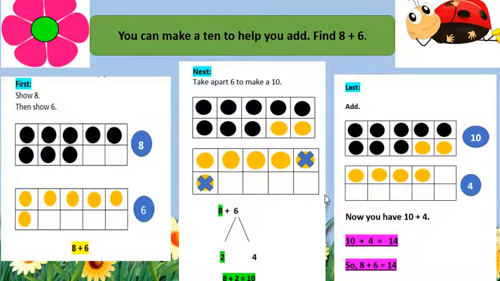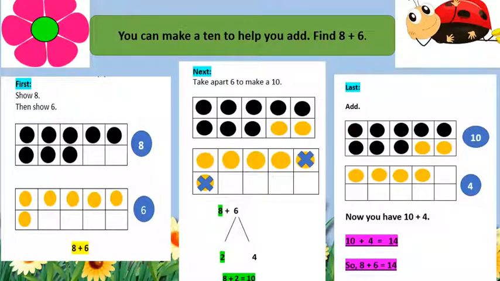And next will be my final 10 frames. So here, I know that this frame is equivalent to 10. So there's no need for me to count those dots inside. I will only count the remaining ones. So count with me. 1, 2, 3, 4.